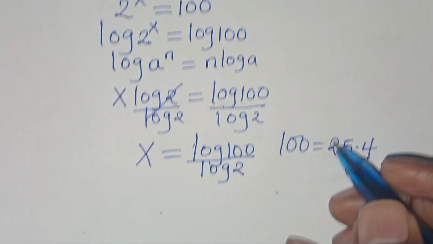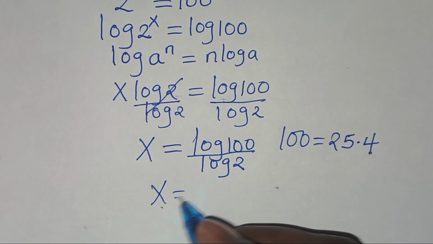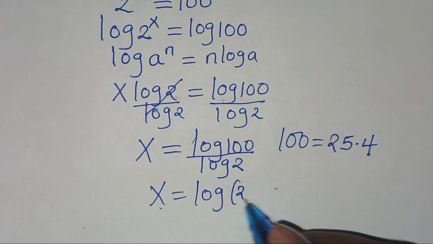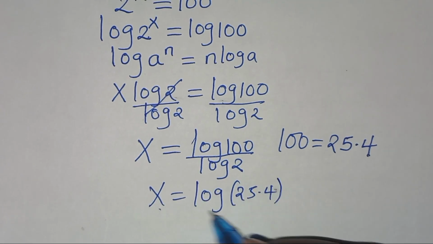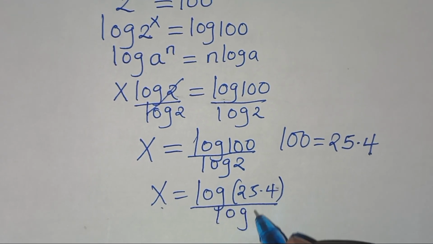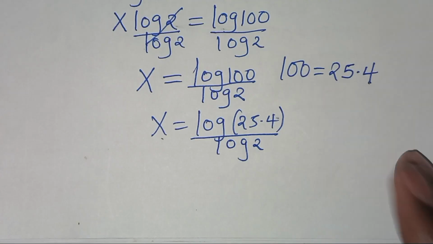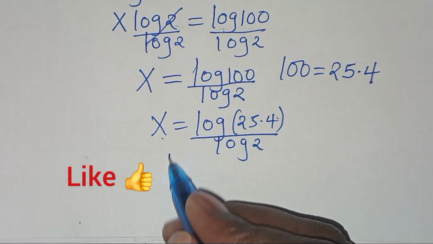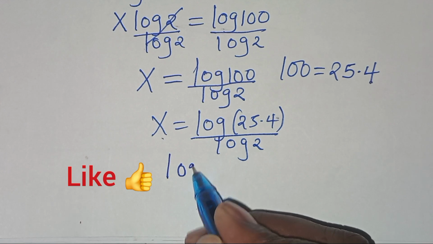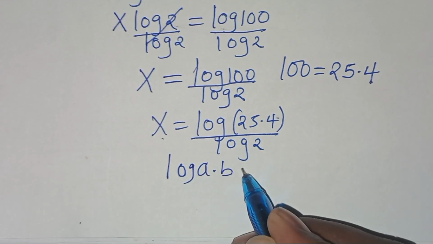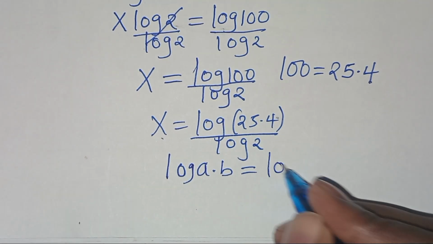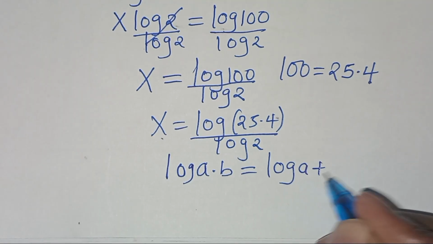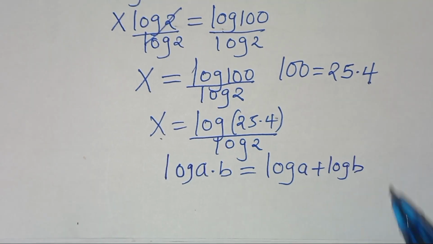The next step from here, we can express 100 as 25 times 4. Let's substitute this, so that x is equal to log of 25 times 4 divided by log 2. Log 25 times 4 is in the form of log a times b, which we can express as log a plus log b.